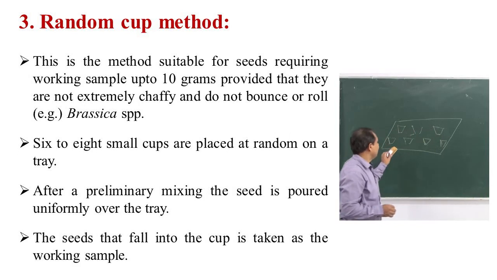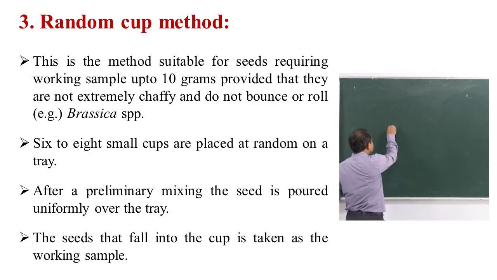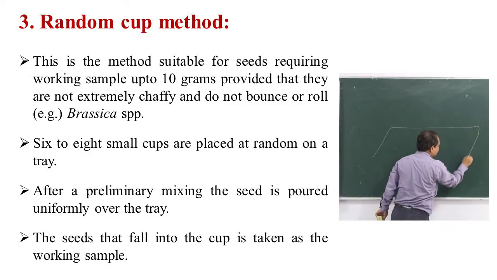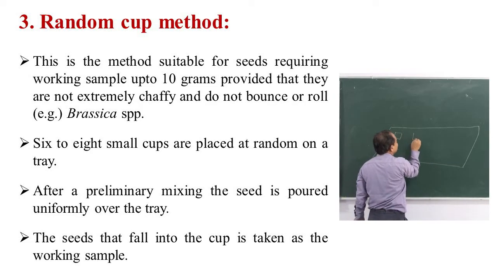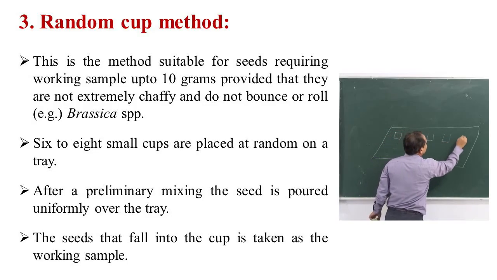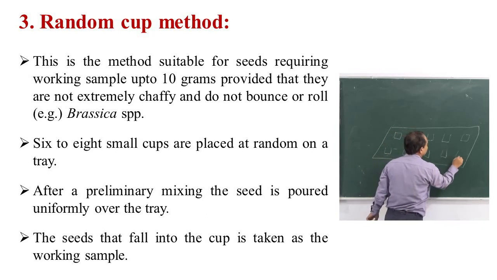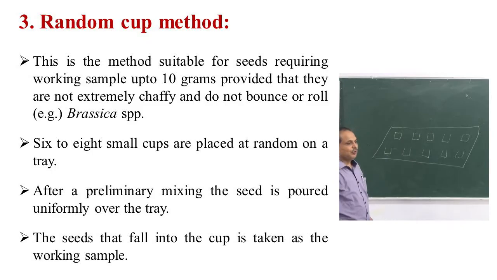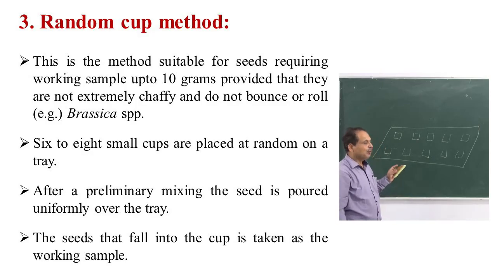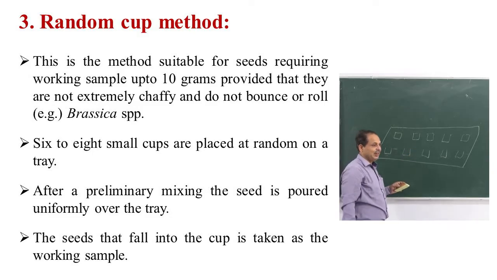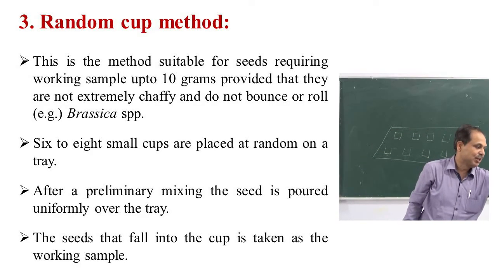We just arrange the cups like this, 8 to 10 depending on the seed size, and then after proper preliminary mixing of the seeds, they are poured uniformly over the tray, and the seeds that fall into the cups are taken as the working samples or submitted samples.